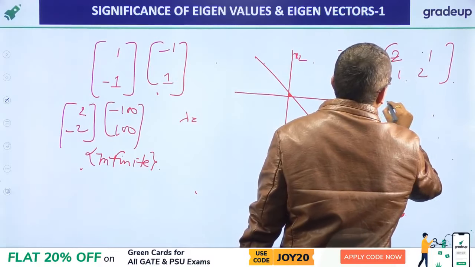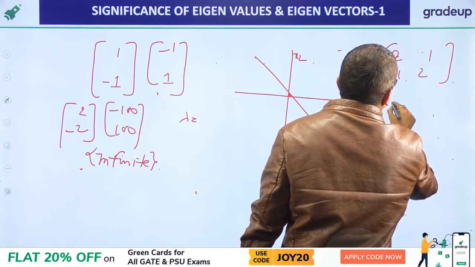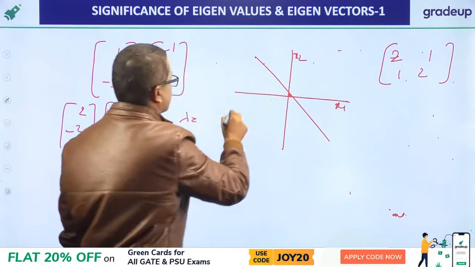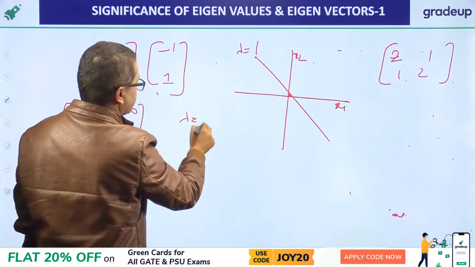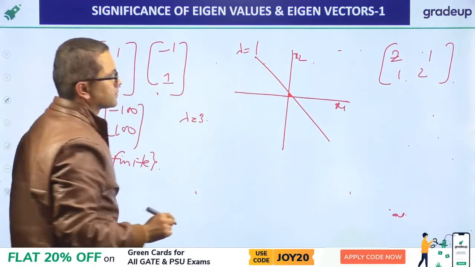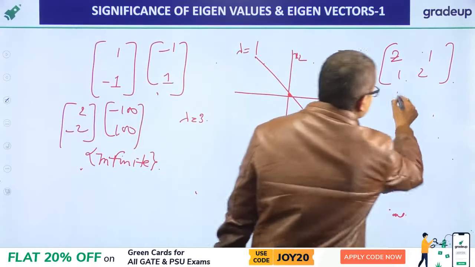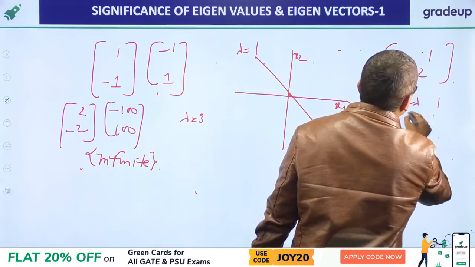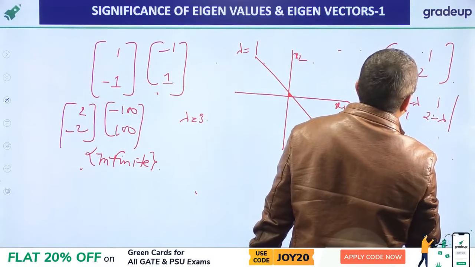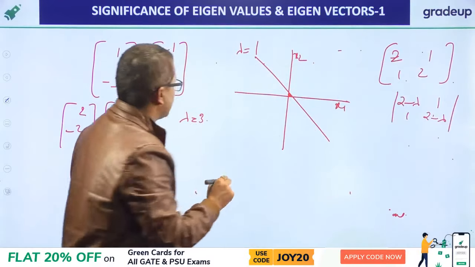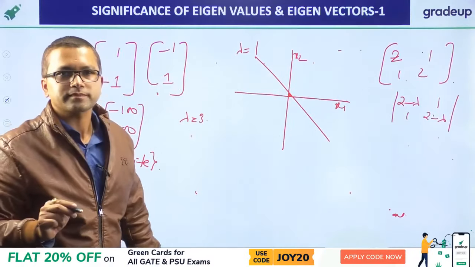This is the matrix. 2 minus 1. So we did it for lambda equals 1. Can you do it for lambda equals 3? Because this was the equation, 2 minus lambda, 1, 1, 2 minus lambda. So lambda equals 3. For lambda equals 3, what will you have?